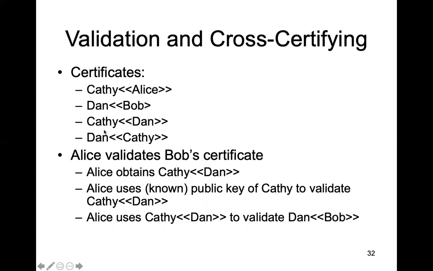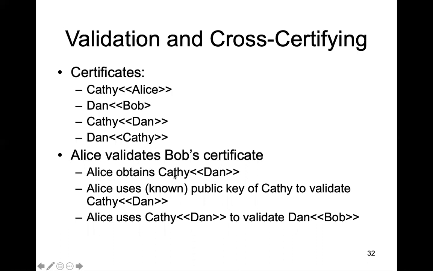Okay, so this is how cross certification happens, and I'm going to show by this greater than and less than sign who is producing the certificates. So Kathy is producing a digital certificate for Alice, Dan is producing a digital certificate for Bob, but Kathy is also producing one for Dan, and Dan is also producing one for Kathy. And if this is the case, here is how Alice would verify Bob's digital certificate.